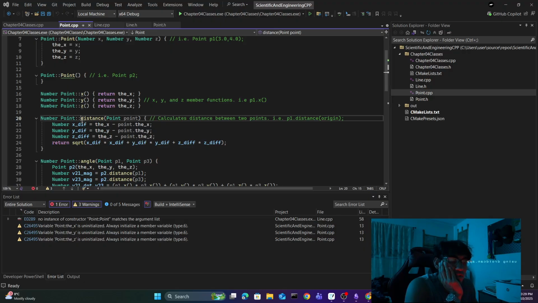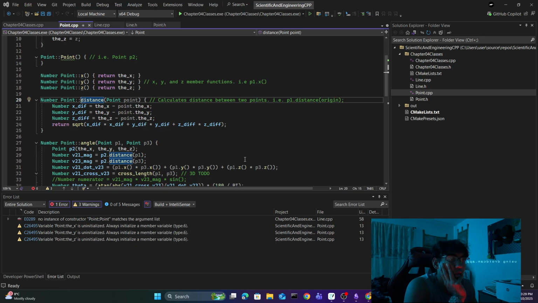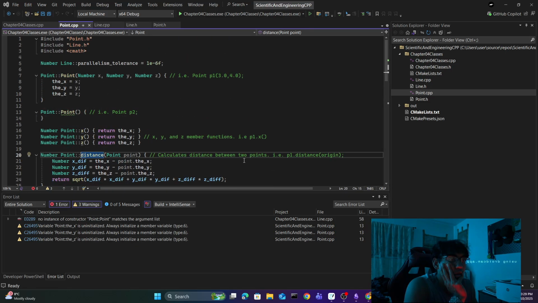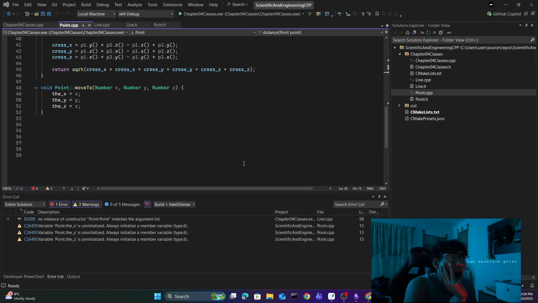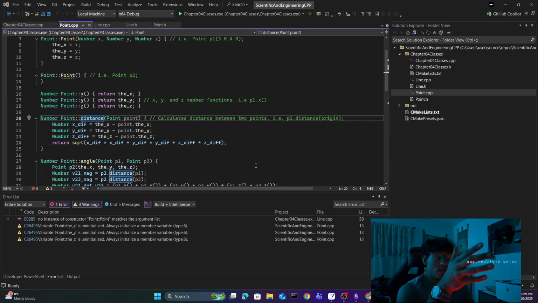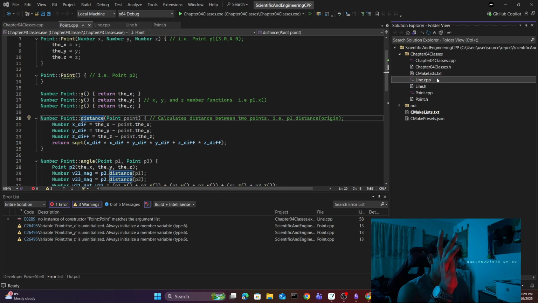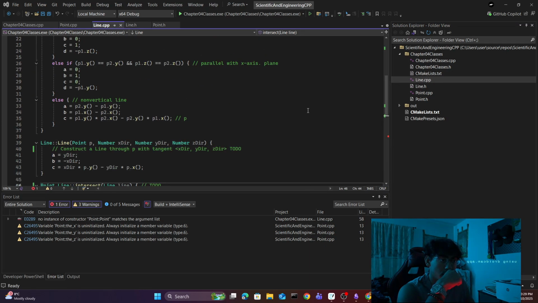But then you do weird things like calculating the distance between 2 points, which doesn't make sense if you're making a direction vector. Okay, you know what? We're just gonna use point to make a direction vector. That's how it's gonna be.